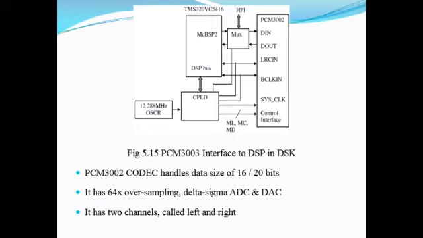And we have the data in, data out, and the signals LRCIN and BCLK in, which are generated by the CPLD device, and the system clock signal, and these three signals ML, MC, and MD, which act as control interfacing signals between a device, that is the DSP or the CPLD, and the PCM 3002.